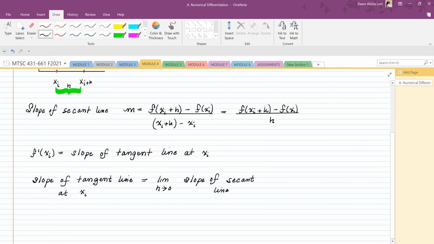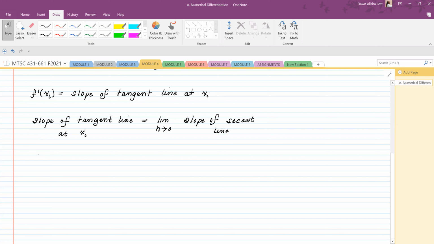And so we get that f prime at xi is equal to the limit as h approaches 0 of f of xi plus h minus f of xi, all over h.